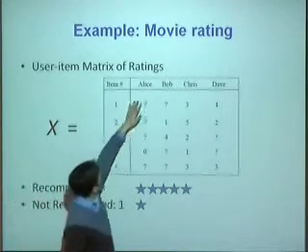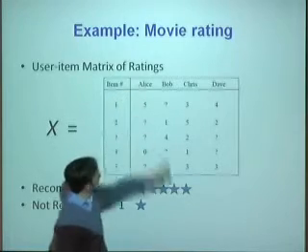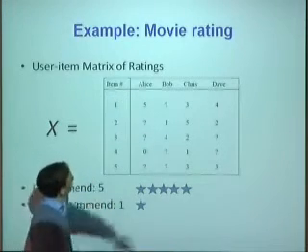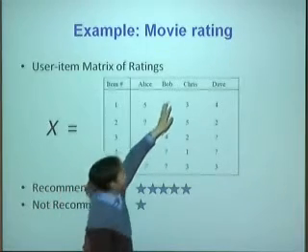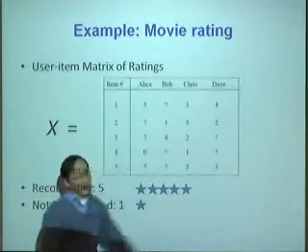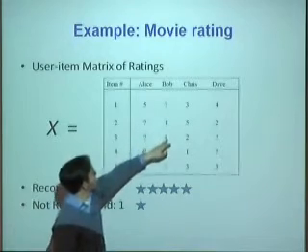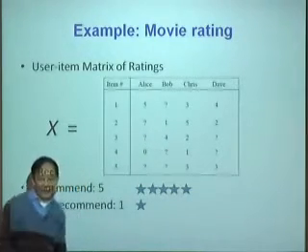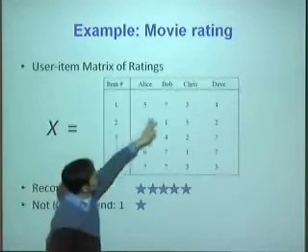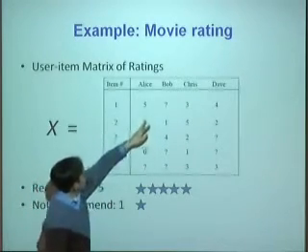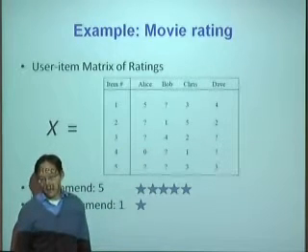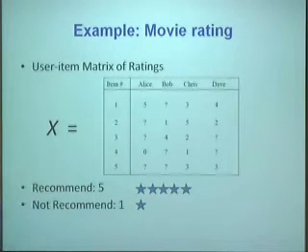Say Alice had watched movie 1, X-Men, or something else, Matrix. And the other person, Bob, watched Terminator, or apparently didn't like Terminator, or Forrest Gump. Based on similarities between the users, we try to predict how likely Alice will like the second and third movies. This is common in many online recommendation systems.